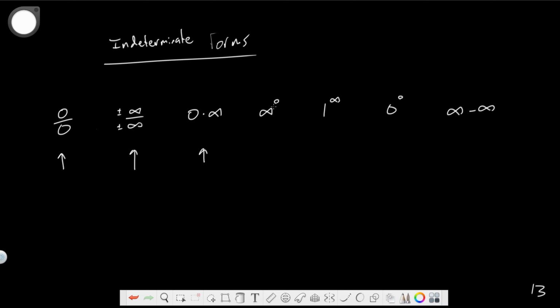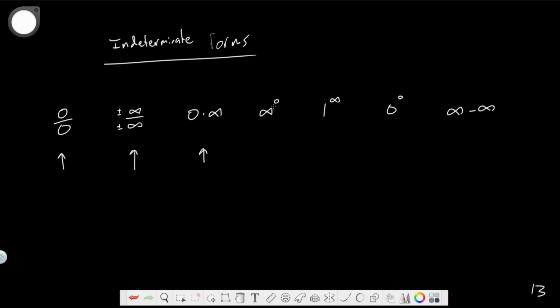And then 0 to the 0, that's Captain 0 versus One Punch Man. And infinity minus infinity is Infinitus versus Bizarro Infinitus, Dark Infinitus. A battle with himself.